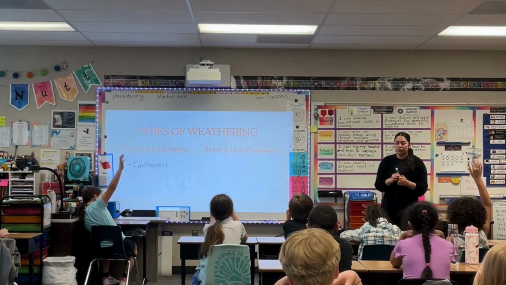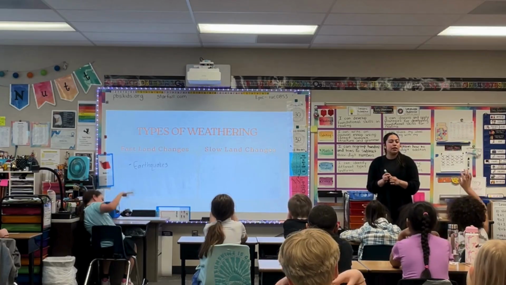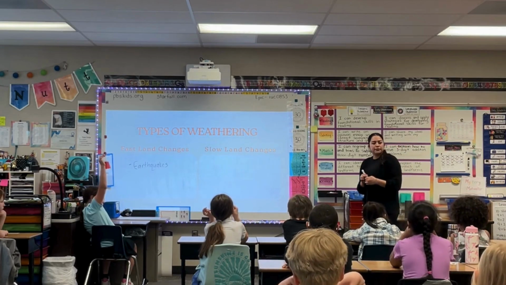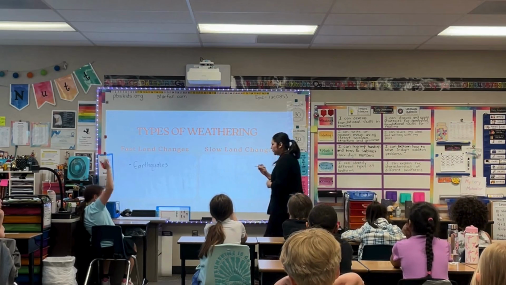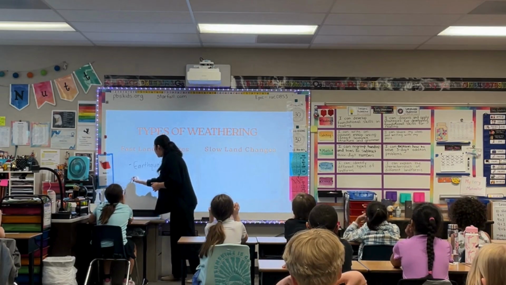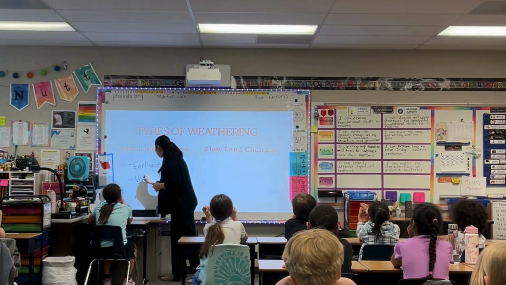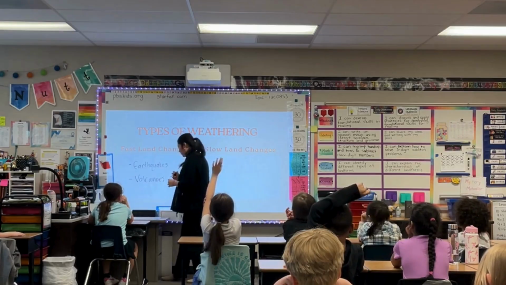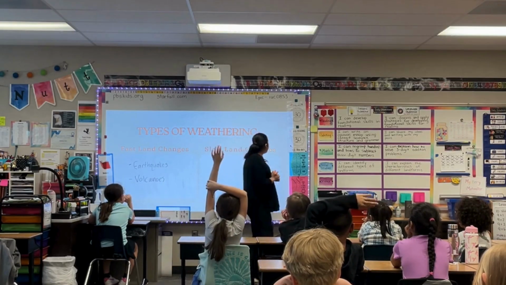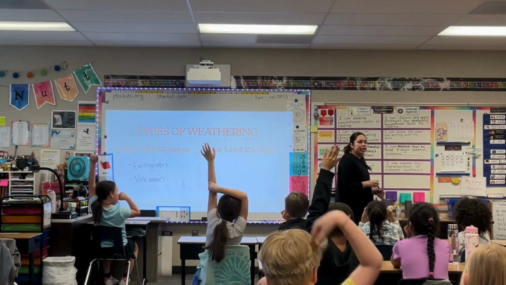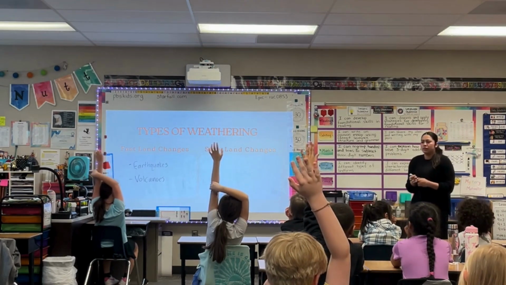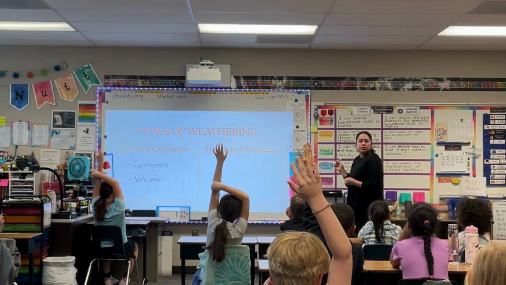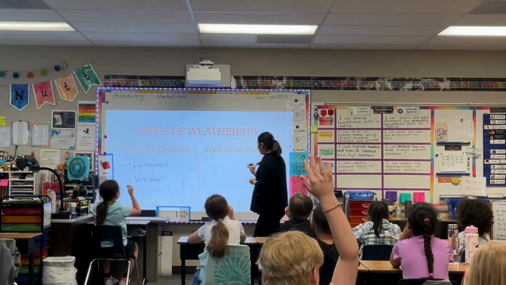Marian, please sit the right way or else you will go back to your desk. Tori, what's another fast one? Volcanoes? I also agree with that. Now, someone give me an example of a slow land change. Angel? Wind.